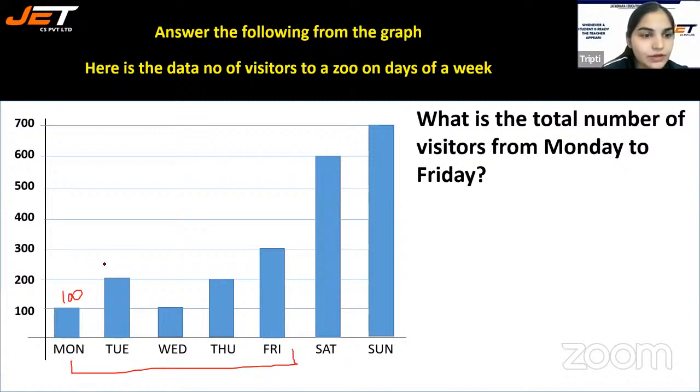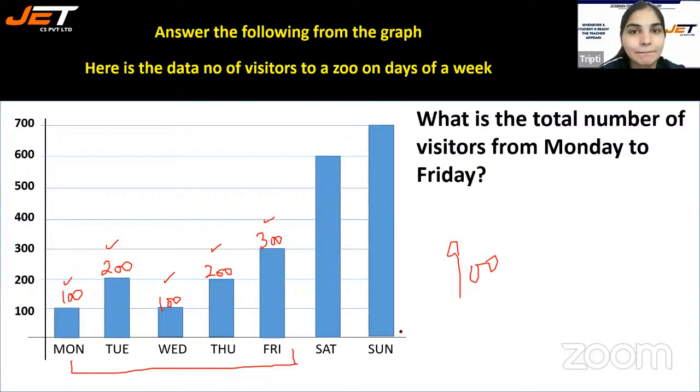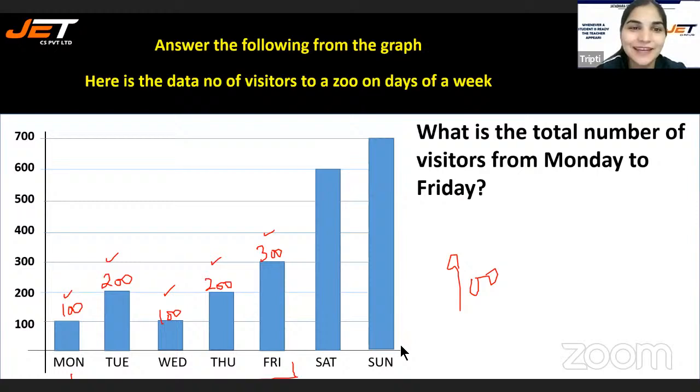Monday 100, Tuesday 200, Wednesday 100 again, Thursday 200, Friday 300. So 100 plus 200 is 300, plus 100 is 400, plus 200 is 600, plus 300 is 900. I hope you got the same. Yeah, perfect. When I see the chat box, I get the same answers.